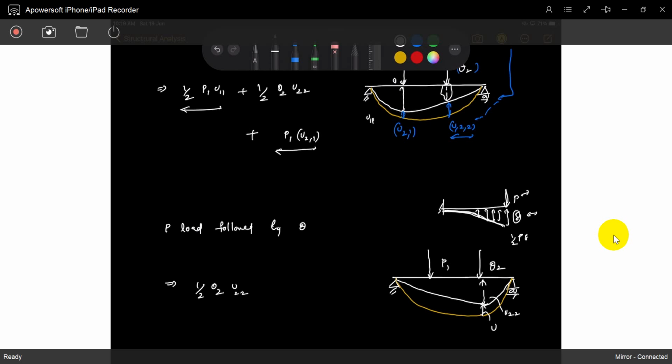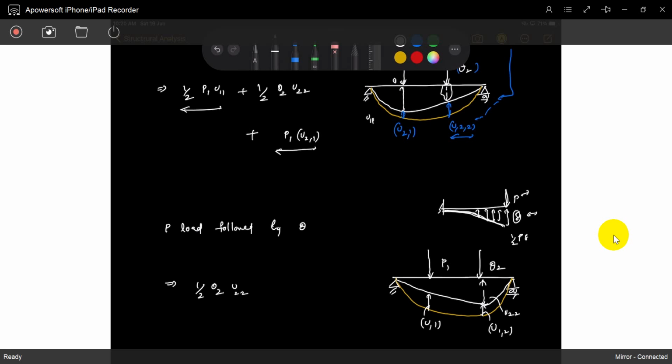By the application of the P force, the deformation will come like this. What is that? U11. By the application of the P force, extra work done is half P1 U11. But Q force is already there. So in the direction of the Q, how much deflection is happening? U12.